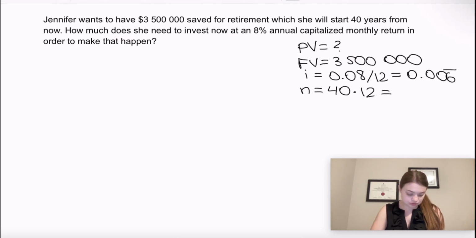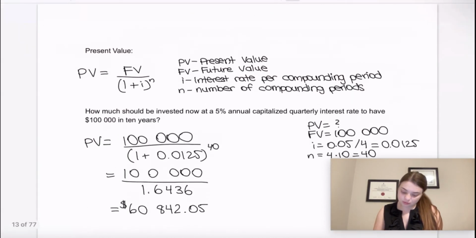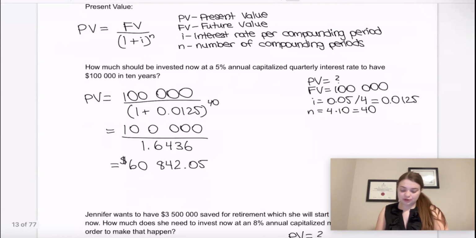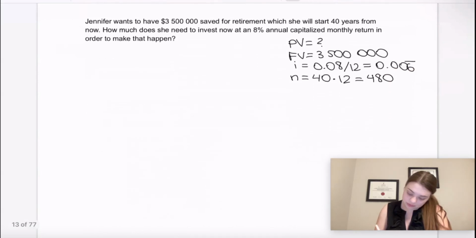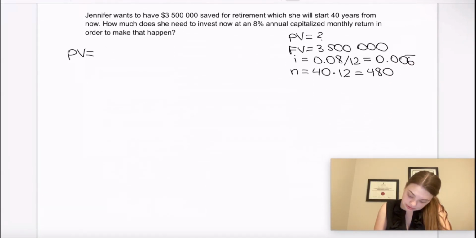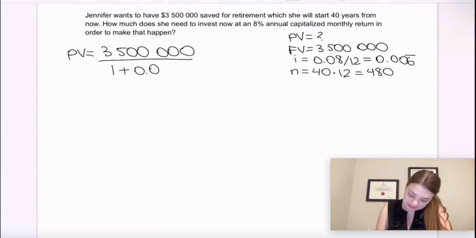So 40 times 12 gives me 480. Okay, so now if we go back up, the equation was present value equals future value over 1 plus i to the power n. So present value is equal to 3.5 million over 1 plus 0.006 repeating, to the power of 480.